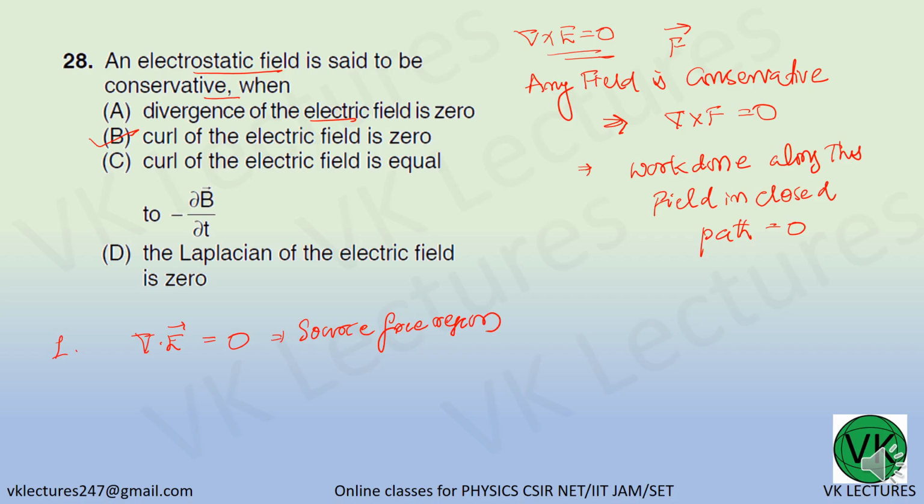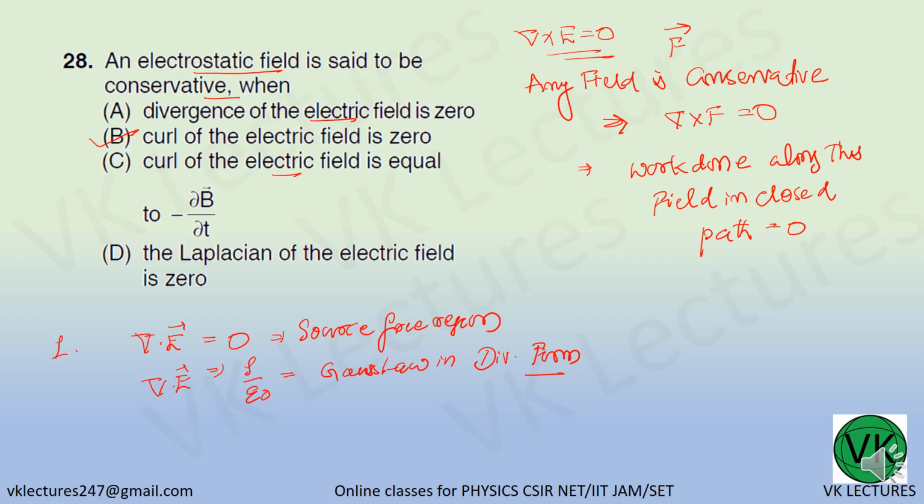Now what is del dot E? Del dot E is actually equal to rho by epsilon naught. Gauss law in divergent form. Okay.